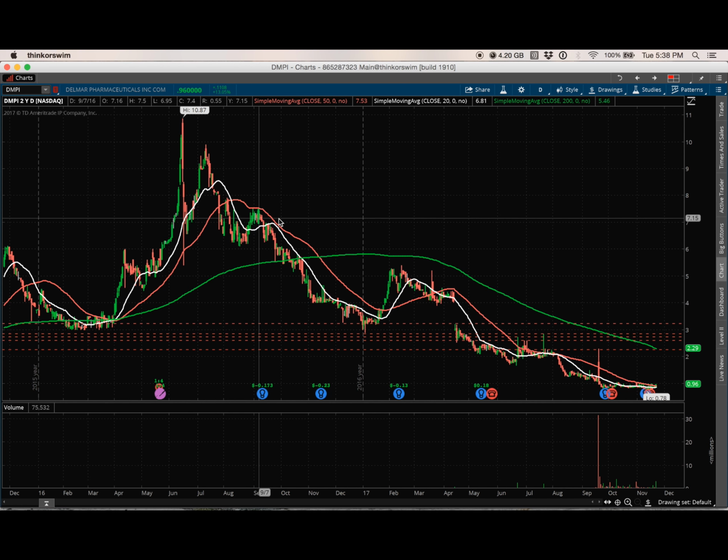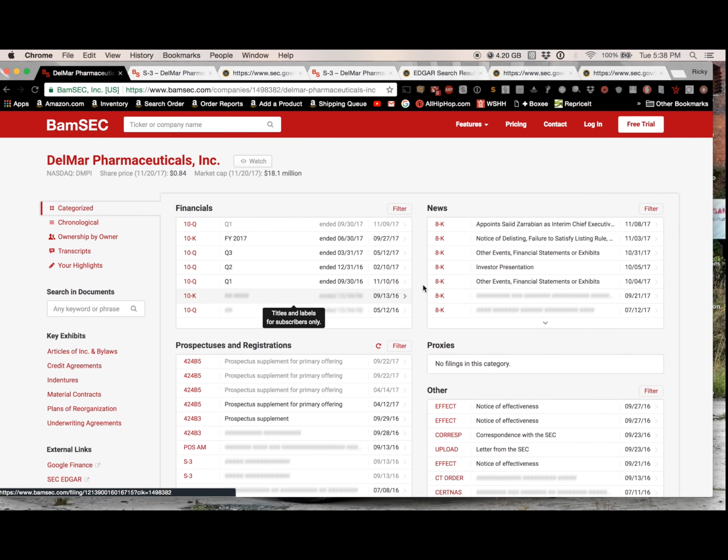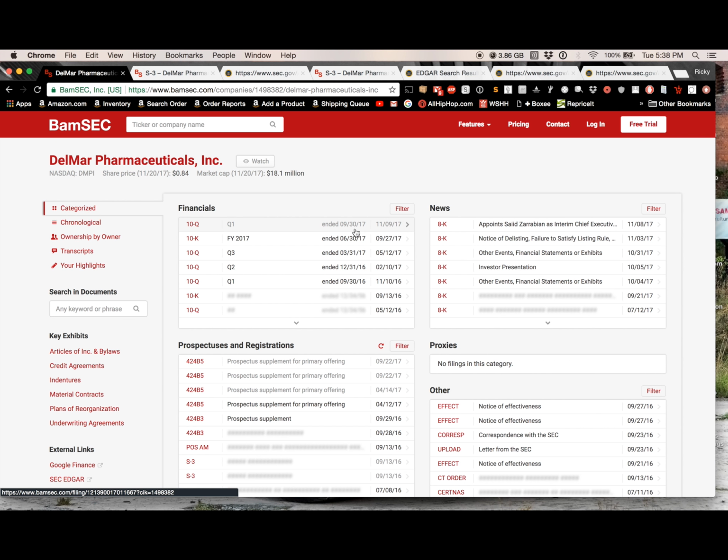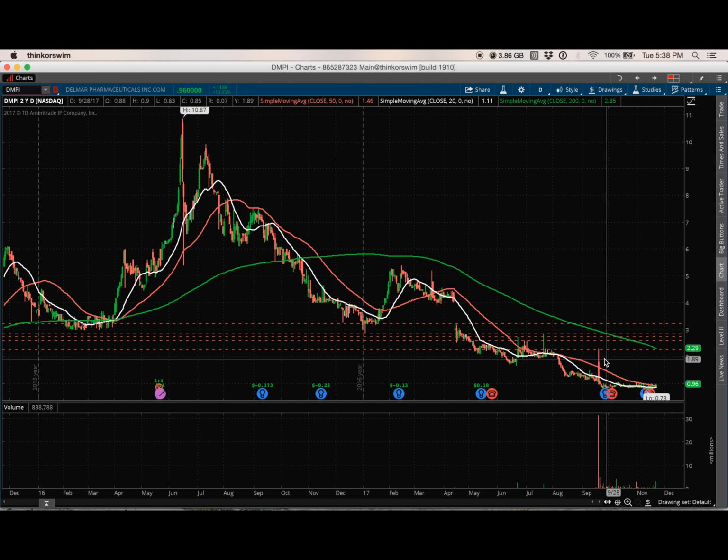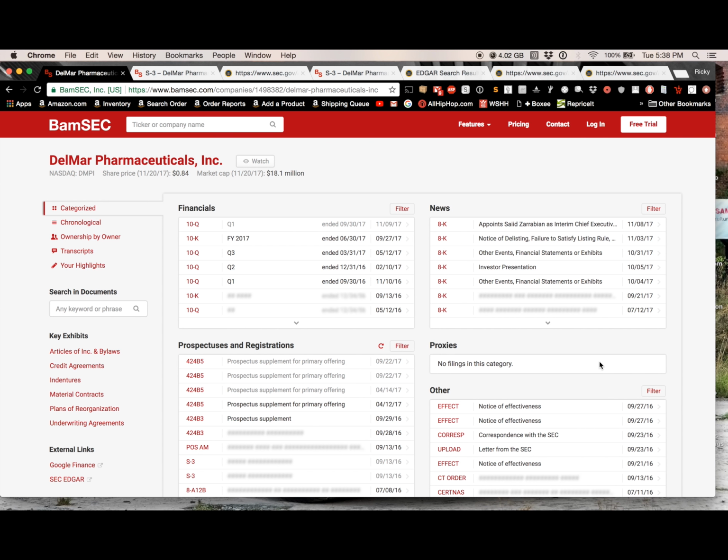Meaning that until the filing of their next 10K, which was on 9/27, they had no restrictions on how much they could raise. So, it should come as no surprise that they got this offering off on 9/20, which was just 7 days before they filed their 10K, which at the time of that filing, they're now under the restrictions of the baby shelf.